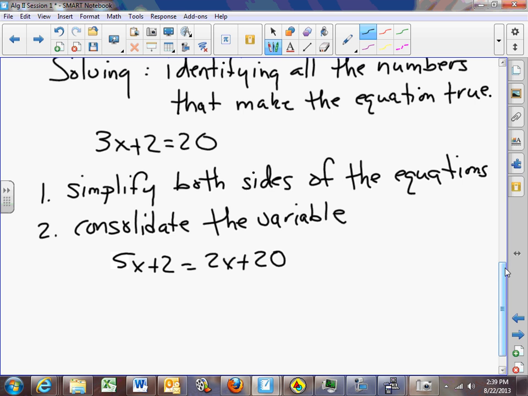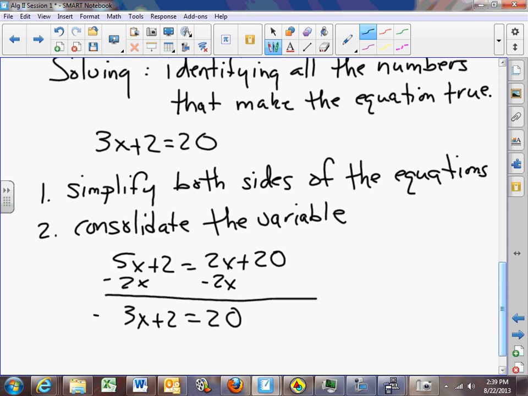So I'm going to use the addition property of equality to move this 2x to the other side by subtracting 2x from each side of the equation. Now 5x minus 2x is 3x, and we have plus 2, and then 2x plus 20 minus 2x is 20. And you'll notice I've used an example here that brings us back to this particular equation.